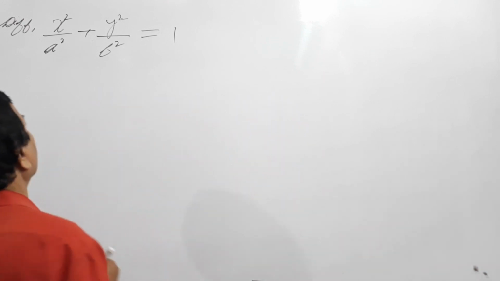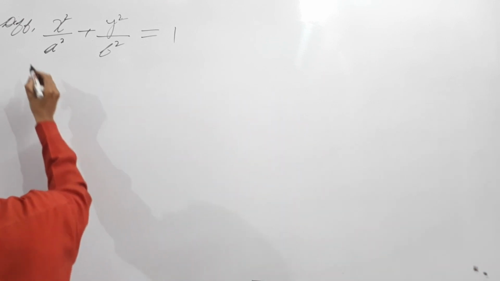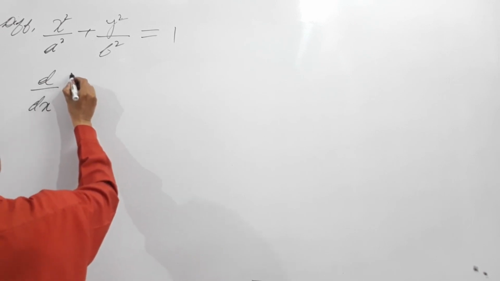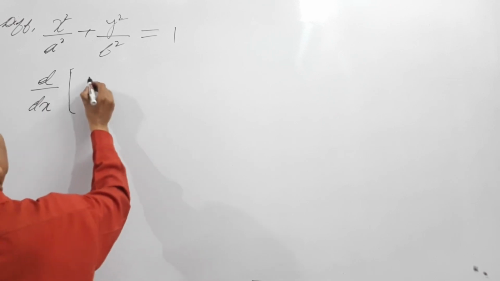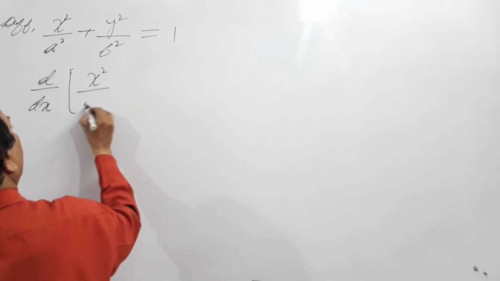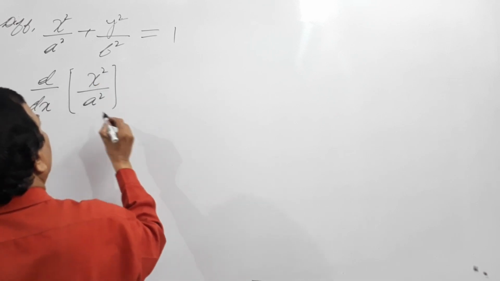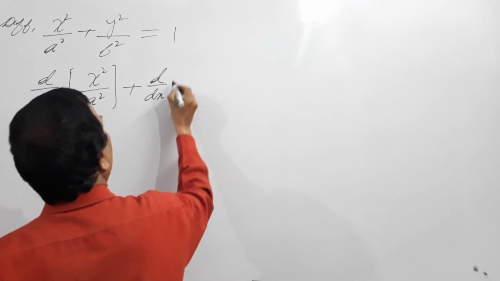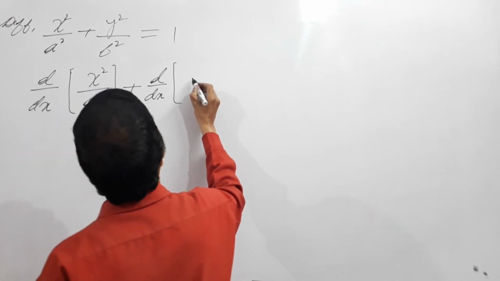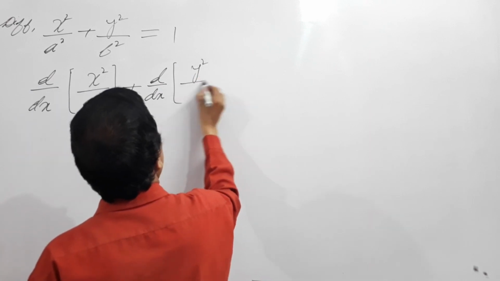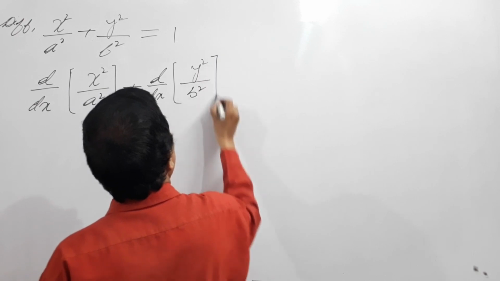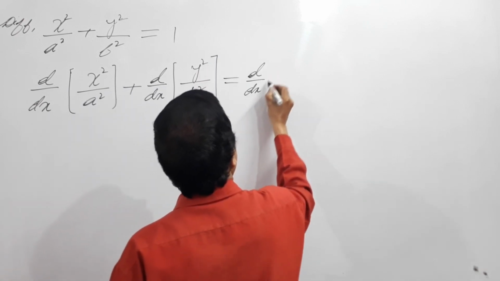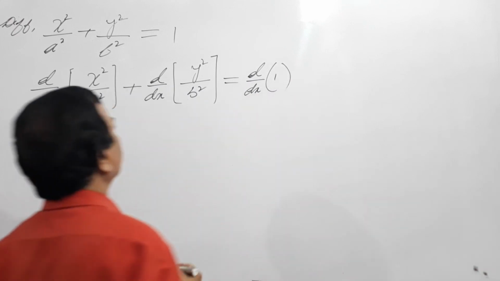So here, by differentiating, what happens? d by dx of x square by a square plus d by dx of y square by b square equals d by dx of 1.